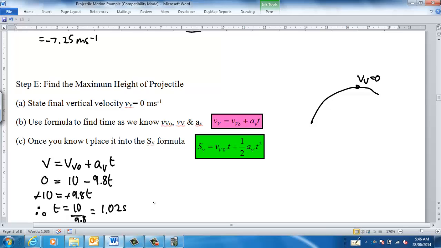Now that tells me the next thing I need to do to work out the height of it at that particular point is to put it back into the SV formula. SV is equal to V0 t, that's 10 times by 1.02, take 4.9 times by 1.02 squared. Remember, that's half of gravity.